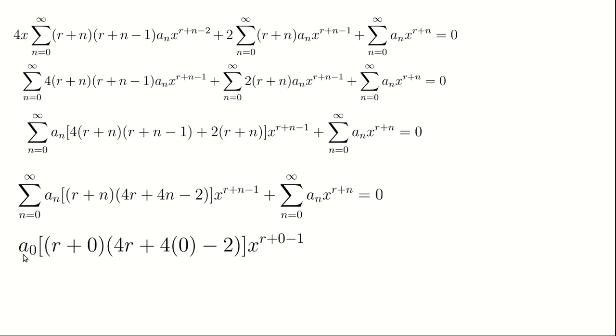In this case, n becomes 0, in this case, n becomes 0, in this case, n becomes 0, and in this case, n becomes 0. If you simplify further, it will reduce to this: we have a naught, r remaining, then 4r minus 2 here, then x to the r plus 0 minus 1, that is r minus 1, will be here.